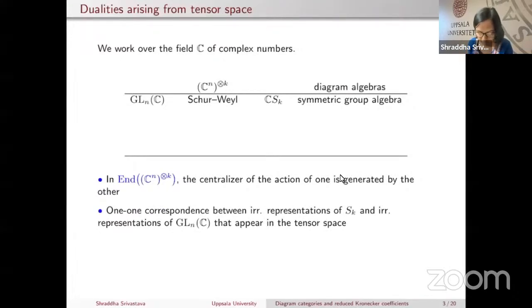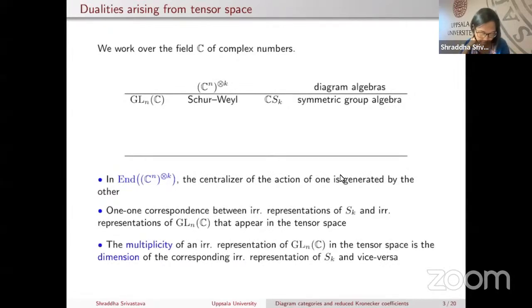There is a one-to-one correspondence between the irreducible representations of the symmetric group appearing in the tensor space and the irreducible representations of the general linear group appearing in the tensor space. And there is some duality between the multiplicity and the dimension of the irreducible representations: the multiplicity of an irreducible representation of the general linear group in the tensor space becomes the dimension of the corresponding irreducible representation of the symmetric group, and vice versa.